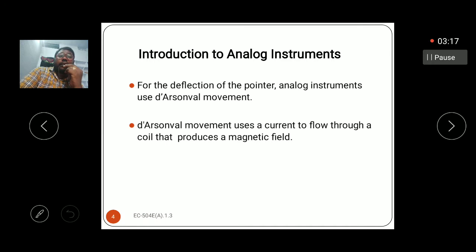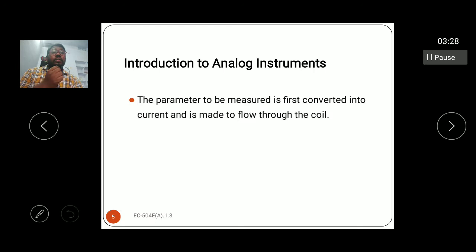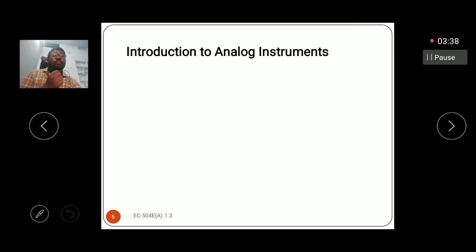The produced magnetic field is proportional to the current flowing through the coil. The parameter to be measured is first converted into current and made to flow through the coil. The meter movement is therefore an indicator of the current flow.